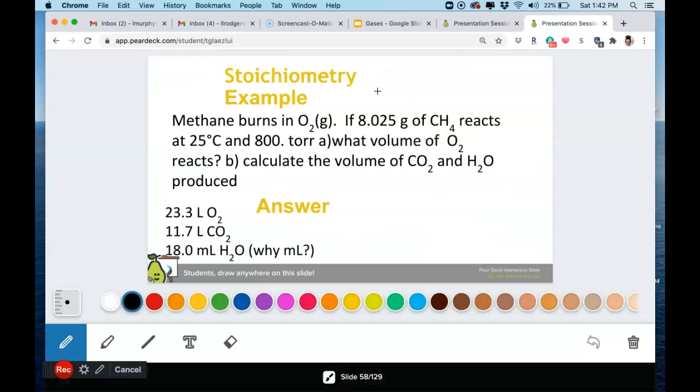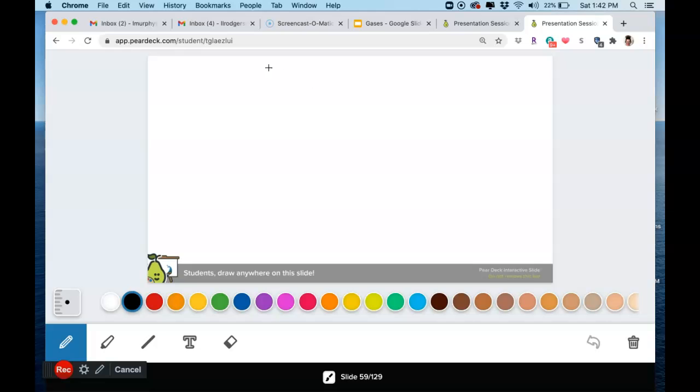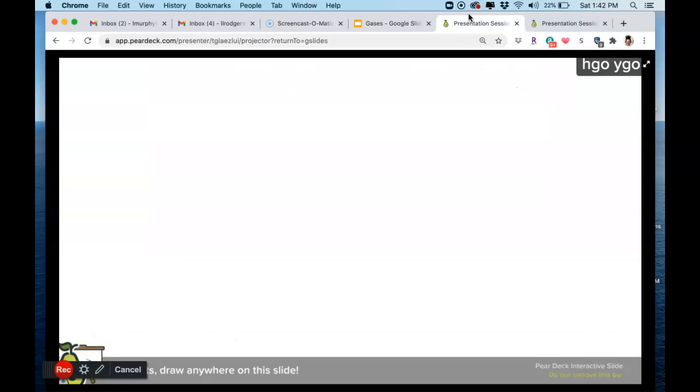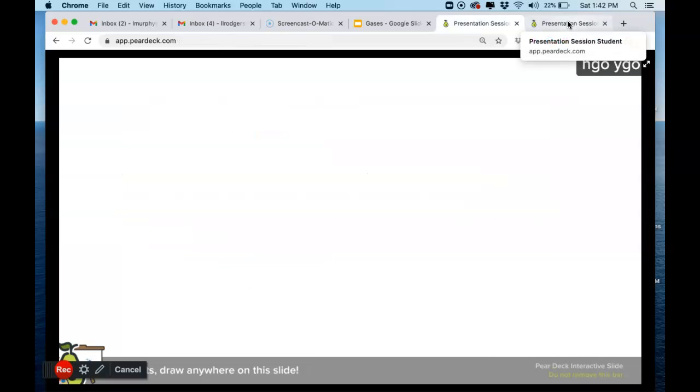All right, so let's write out the reaction. Methane and oxygen making carbon dioxide and water. Looks like I need a 2 here and a 2 here, and that's it. Okay, so how many grams? It was 8.025 grams of methane.